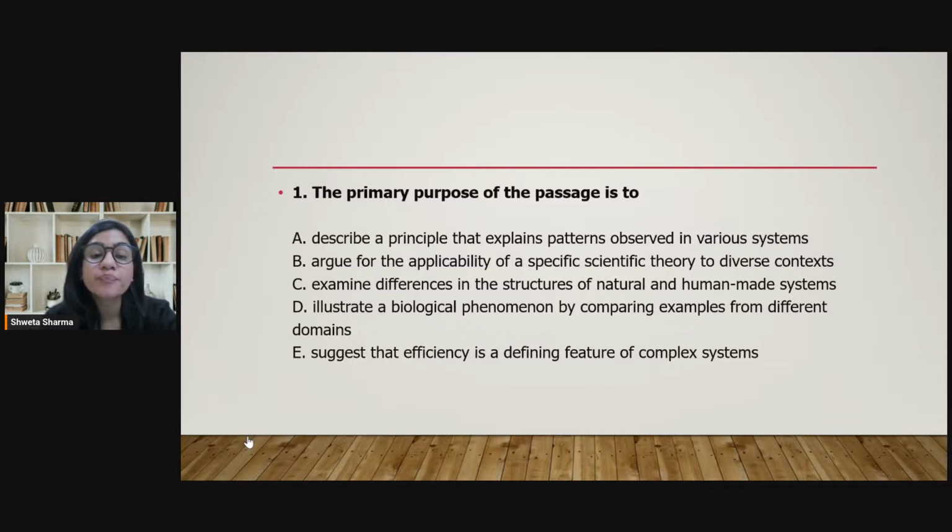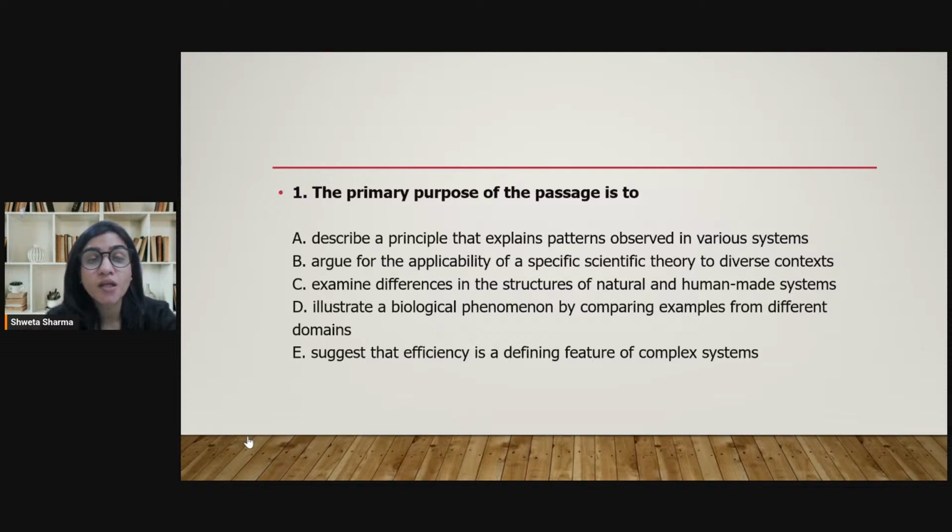Are we just describing patterns on the basis of some observation? Or is it arguing for the applicability of a specific scientific theory to diverse contexts? Are we trying to relate to a theory and that too in different contexts? Could be. Examine differences in the structures of natural and human-made systems. Illustrate a biological phenomenon by comparing examples from different domains, or suggest that efficiency is a defining feature of complex systems.